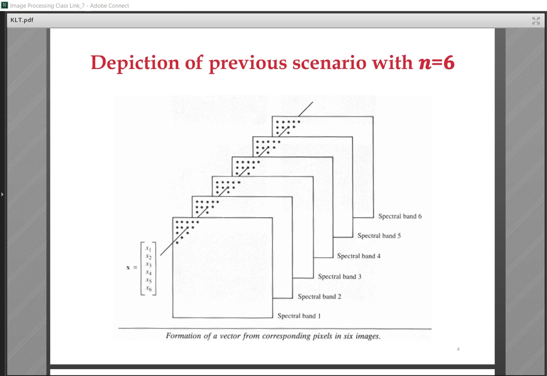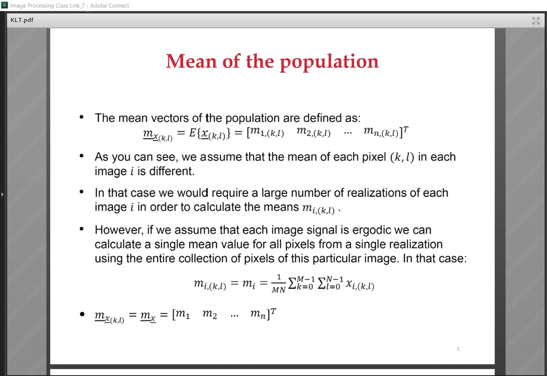These are k and l, or the x and y dimensions, and each of them is a pixel. For example, this pixel in all of the images. This is the formation of a vector from corresponding pixels in 6 images: this pixel in image 1, the corresponding pixel in image 2, in image 3, and all of them. Okay. Go to the next slide.